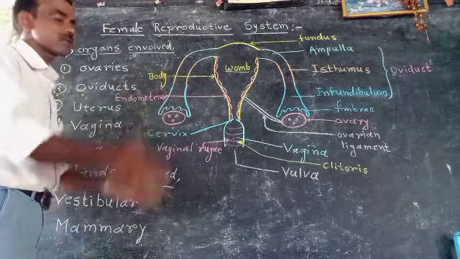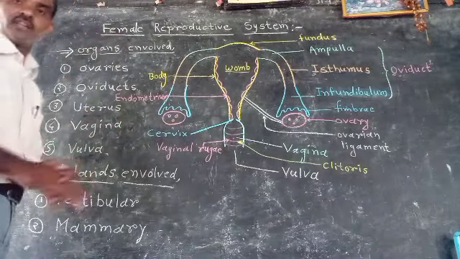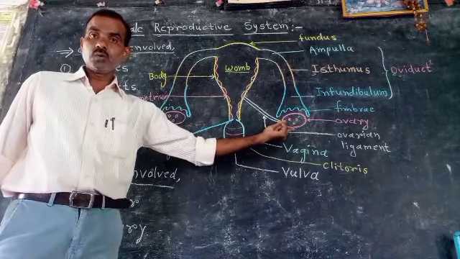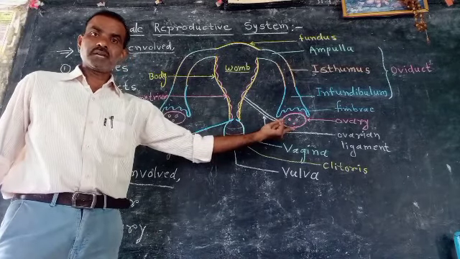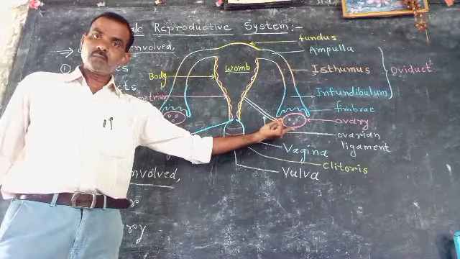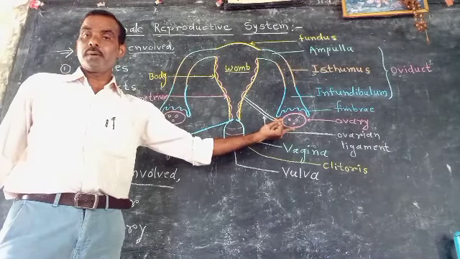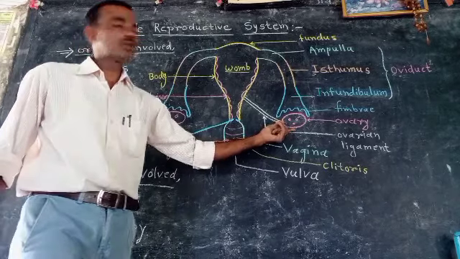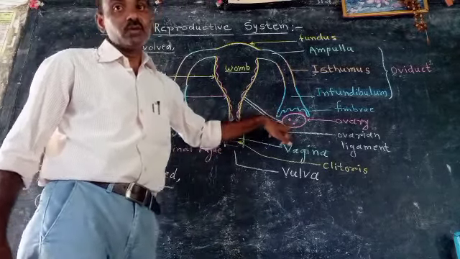Now, stepwise writing of the organs involved. First organs are the ovaries, oval organs present in the pelvic region, which produce the female gamete, eggs, and the female sex hormones estrogen and progesterone.